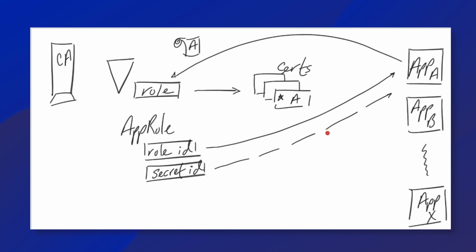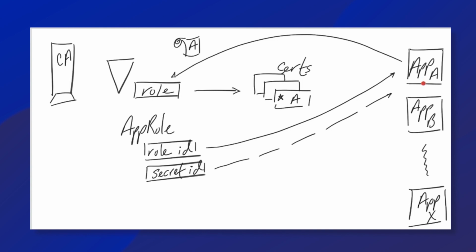So in the moment, how does App A prove that it's allowed to have certificates, or it's allowed to renew certificates? Well, this is another area where Vault comes in, not with secrets engines this time, but with an auth method.